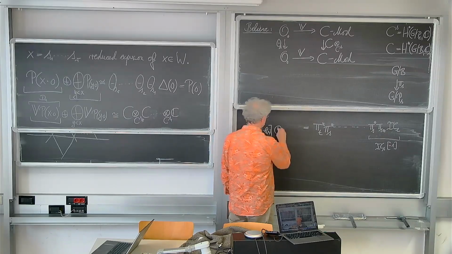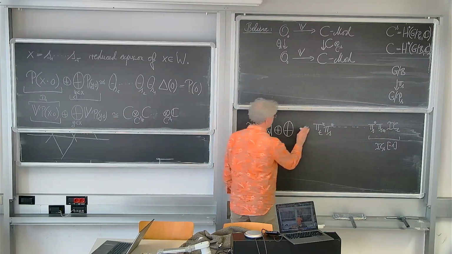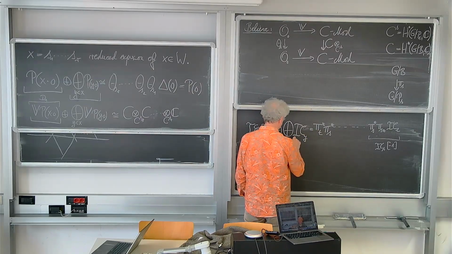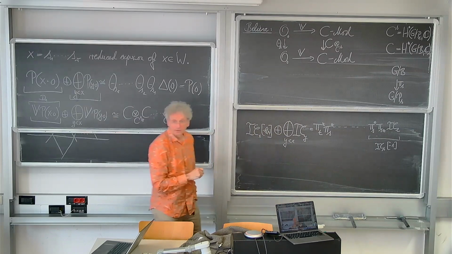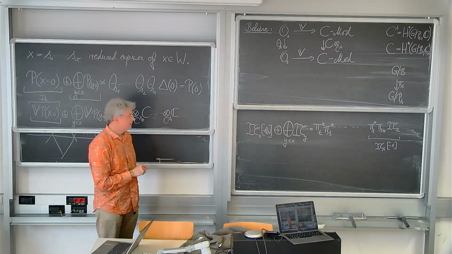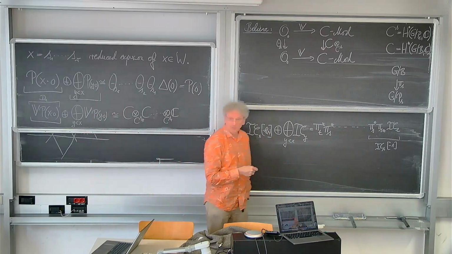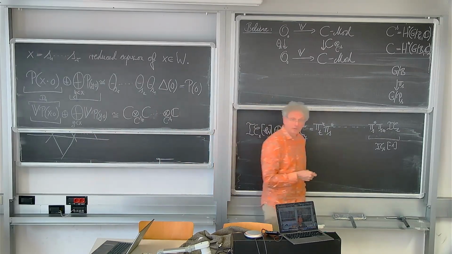And then the other summands are some IC complexes IC_Y, where Y is smaller than X in the Bruhat order. I mean, you see this is by the decomposition theorem.